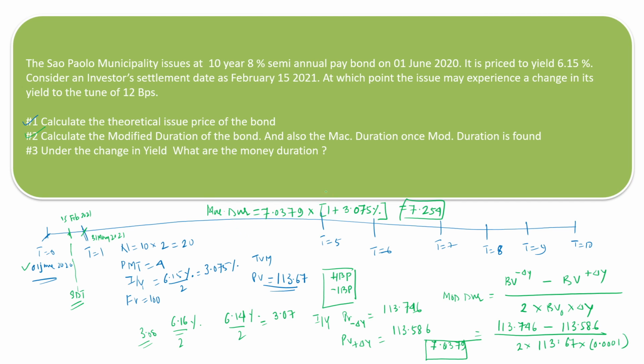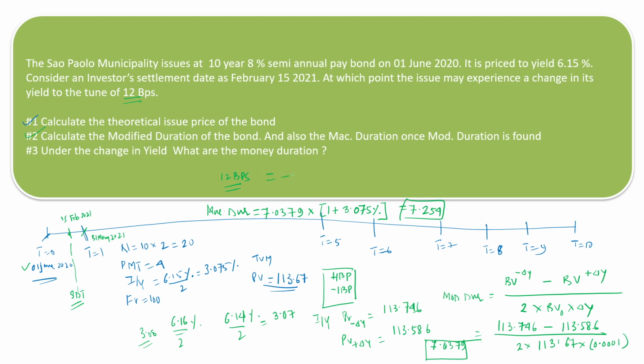Okay. So under the change in yield, the change in yield is stated to be 12 basis points. Under the change in yield, what is the money duration? All that we have to find out is the money duration.